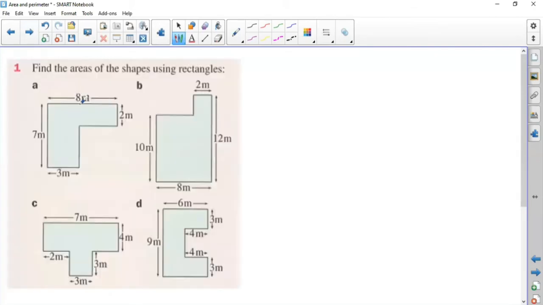Okay, now at A, let's find the area and perimeter, both of them, of these shapes. Let's go in order. Okay, Clara.